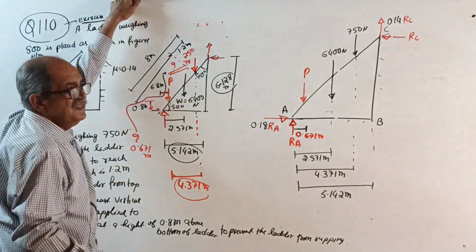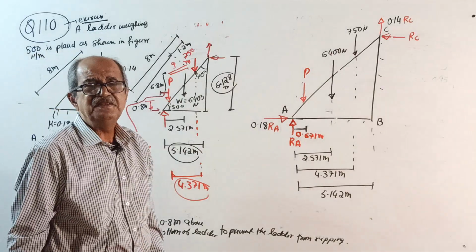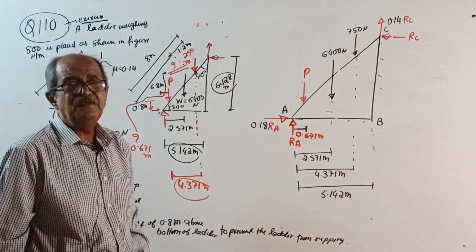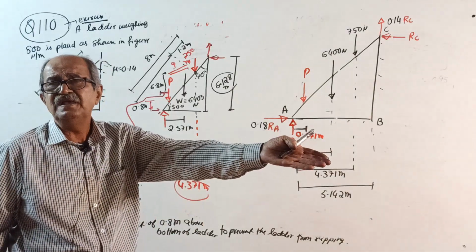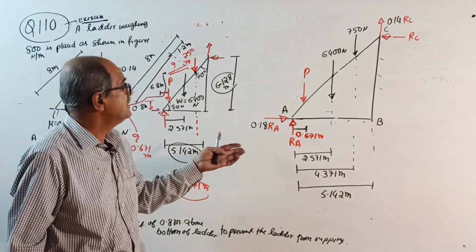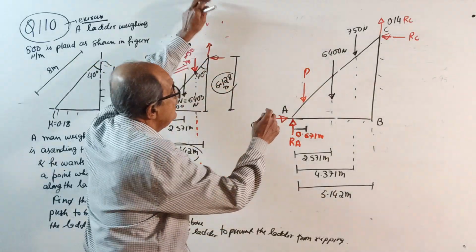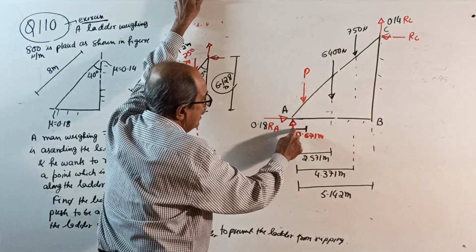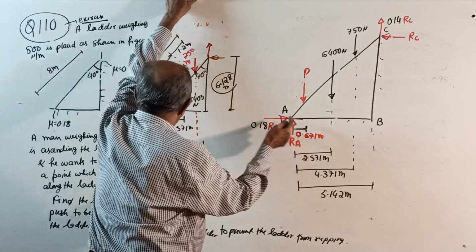These need not be explained, it was explained earlier in one class. So use your talent and get it. That's why the P I wrote here is 0.671 meter. This is that question mark.